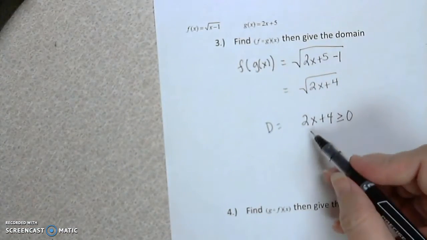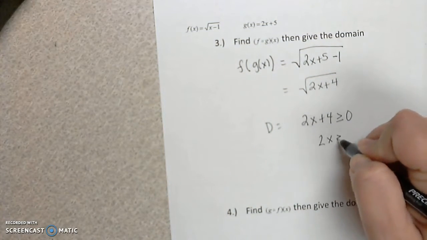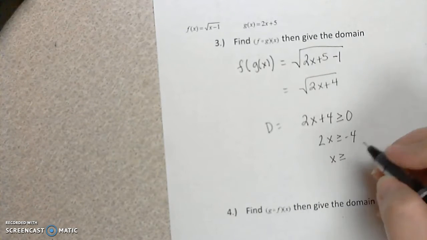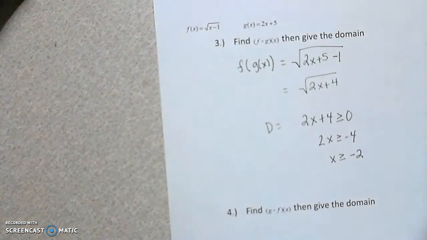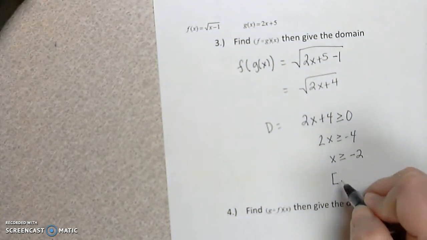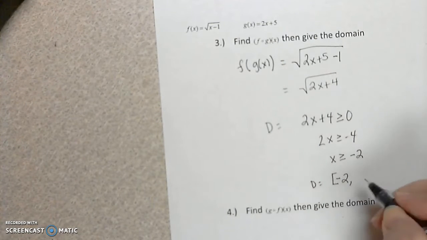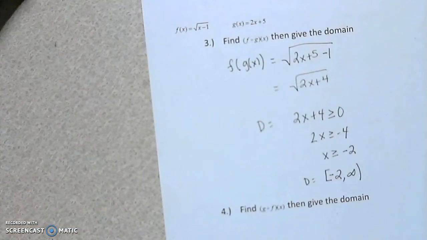So we find what makes x satisfy that. I do that by subtracting 4 from both sides, dividing by 2, and I find that x can be any value negative 2 or greater. So if I write that, my domain would be any value negative 2 to positive infinity.